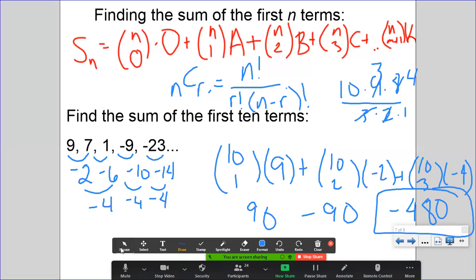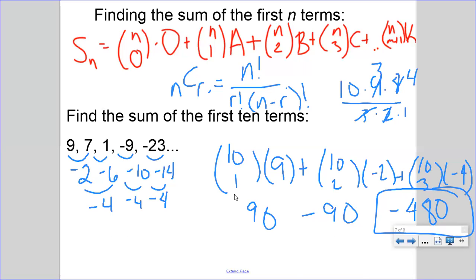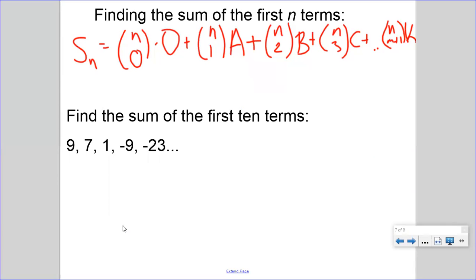What's r? R is whatever that bottom term is. For example, when we did 10 choose 3, that's 10 factorial over 3 factorial, 3 being your r, and then 10 minus 3 factorial. Oh, okay. Other questions?